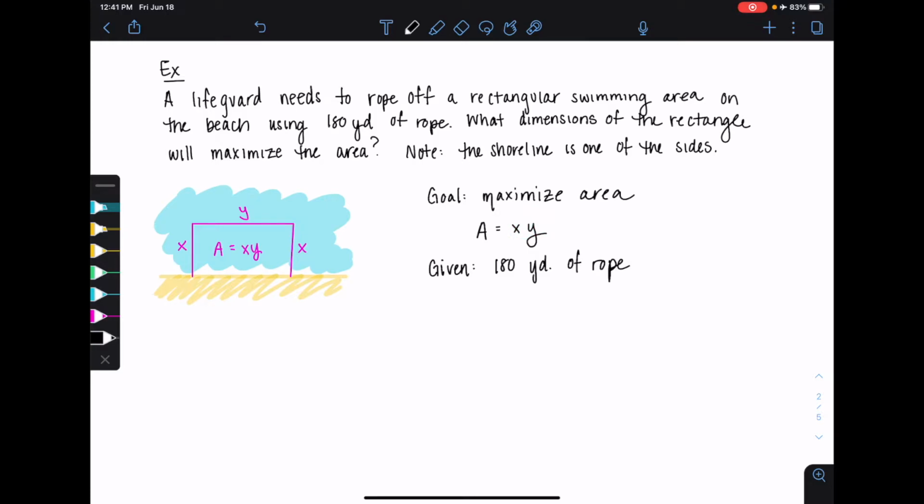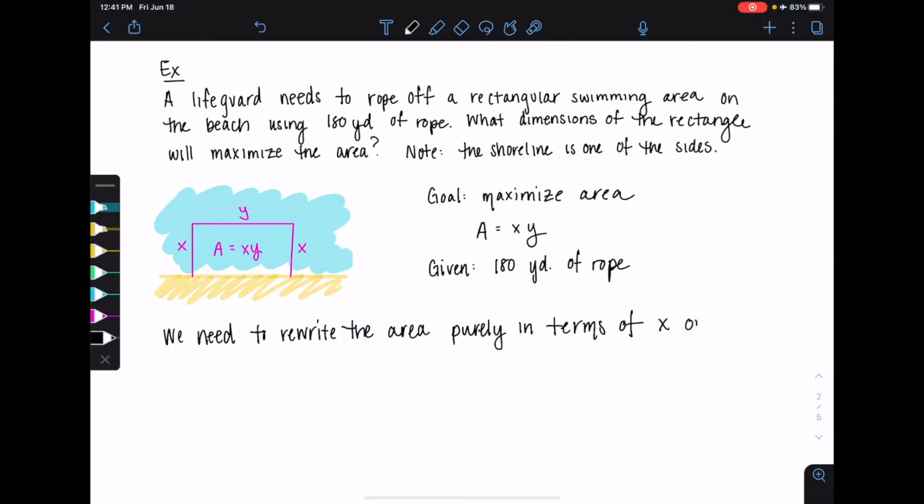Okay, so we need to rewrite the area purely in terms of x or y. Going back up to this given information, we can say 180 is y plus 2x, because we have two sides of length x.